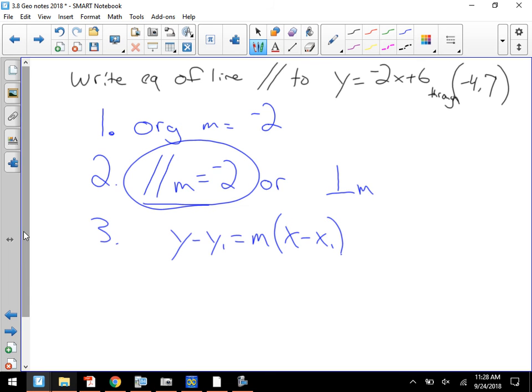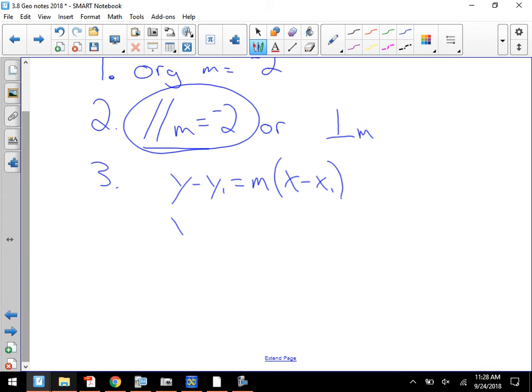Yep. So it was y -7 is -2. And instead of writing x minus or -4, what do I write? +1. And then I just solve that. Just like we have. Distribute.